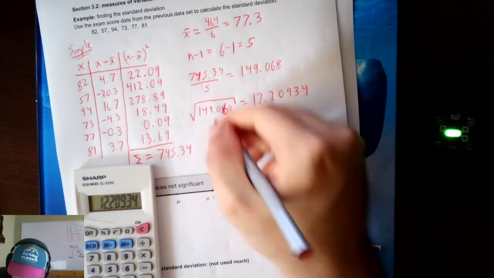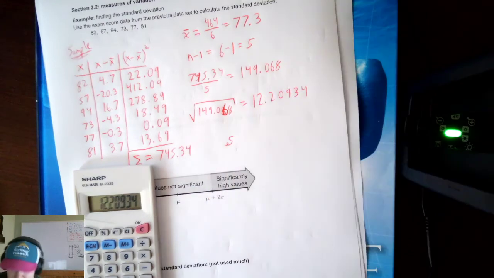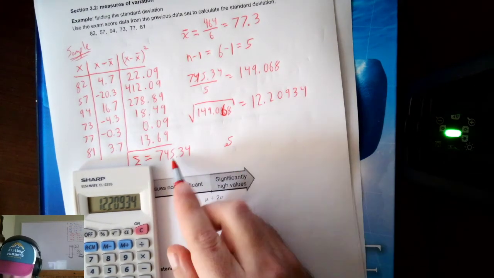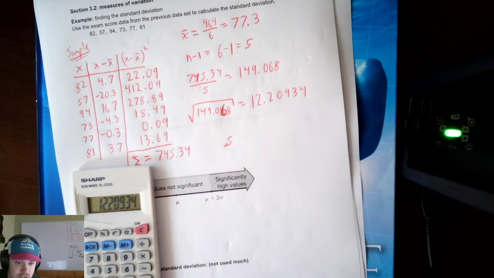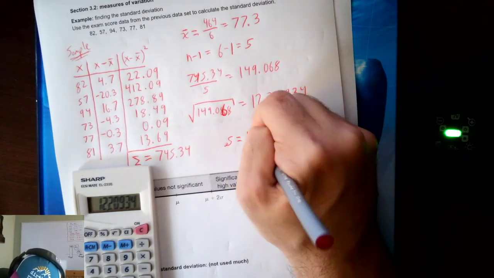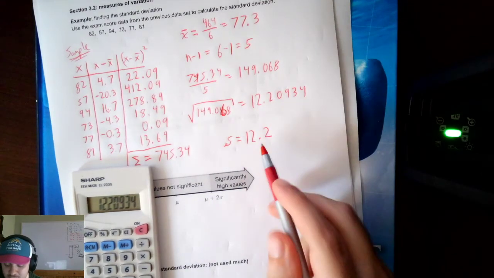Now, my standard deviation, I'm going to use the letter S, because that's standard deviation. I put a little curl on my S because my S's and 5s look kind of similar, just so I know it's an S. There's no reason for the curl other than just so I know it's an S. Equals 12, where do I round this? To 1 decimal place. It'll be 12.2.